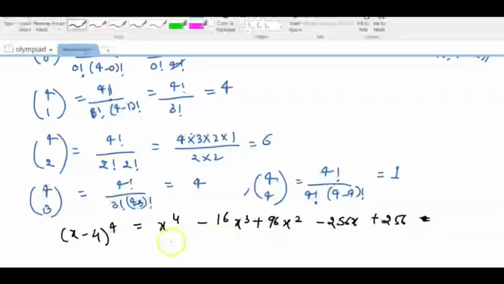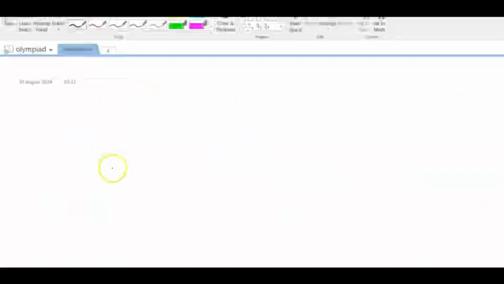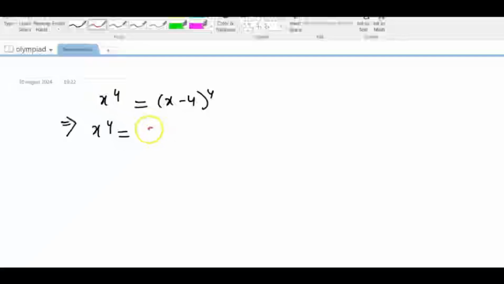Now this value we will substitute in the given equation. So what is the given equation? It is x to the power 4 is equal to (x minus 4) to the power 4. So let's substitute. From here we will get x to the power 4 is equal to x to the power 4 minus 16x cube plus 96x square minus 256x plus 256.